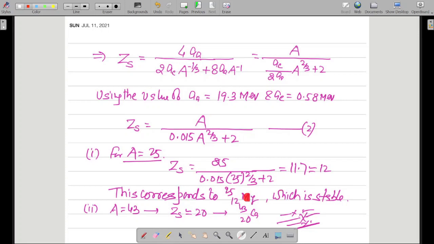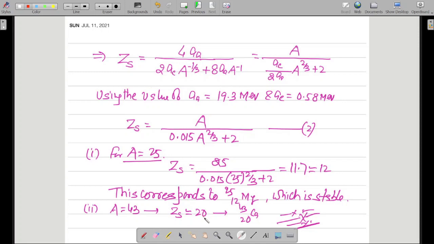Magnesium is the element which has 12 protons in its nucleus. So atomic mass number A equal to 25 corresponds to the most stable isobar magnesium, Zs value equal to 12. So this is stable, Mg 12, 25. Mg 12, 25 will be the stable isobar. And for A equal to 43, what will be the value?